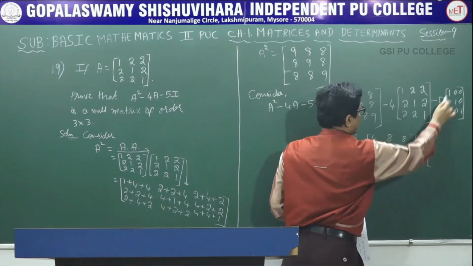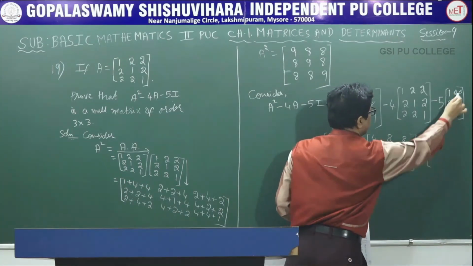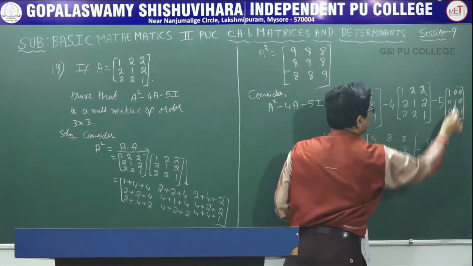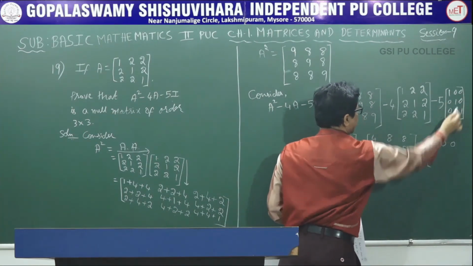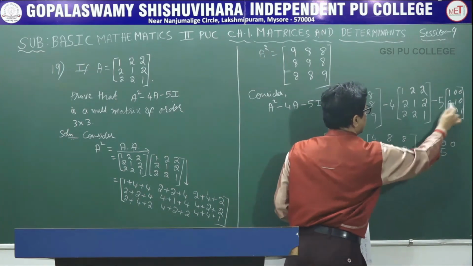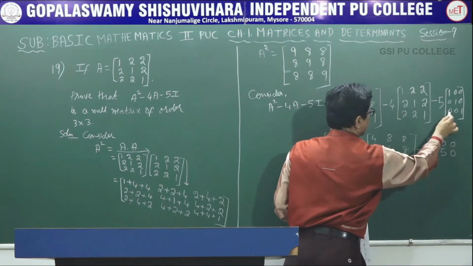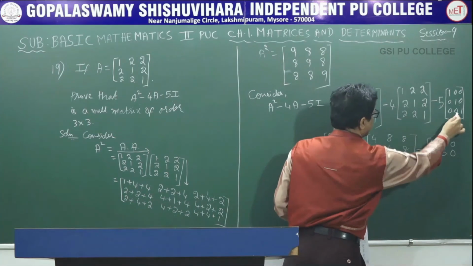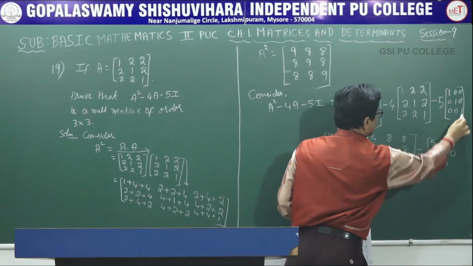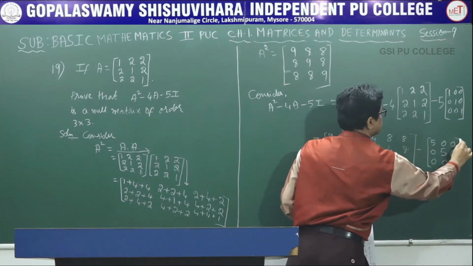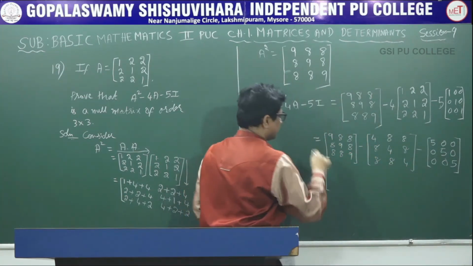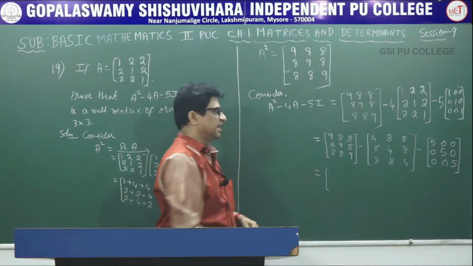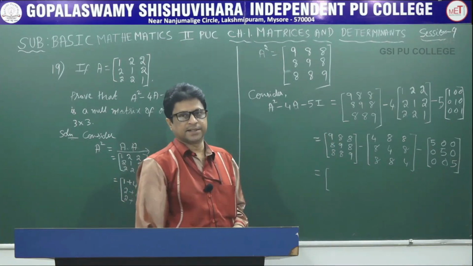So 5 into 1, 5, 5 into 0, 0, and so on, with 5 on the diagonal. So that will be equal to, now we subtract the corresponding elements.